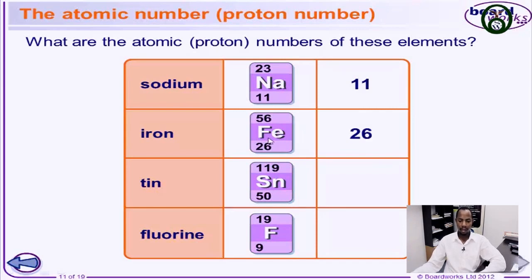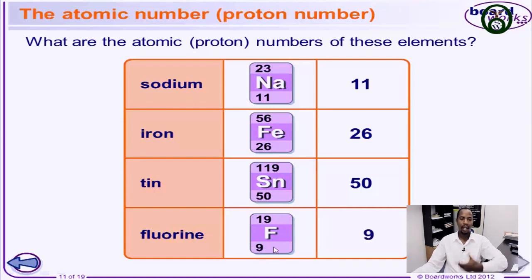What of tin? The atomic number is 50, because the number of protons found in the nucleus of the atom is 50. What of fluorine? Fluorine, the atomic symbol F, the atomic number is 9, because the number of protons found in the nucleus of the atom is 9.